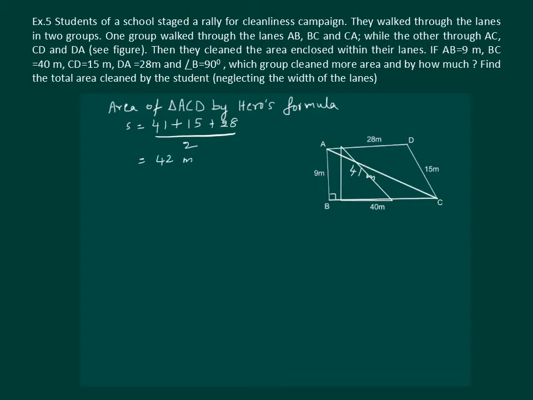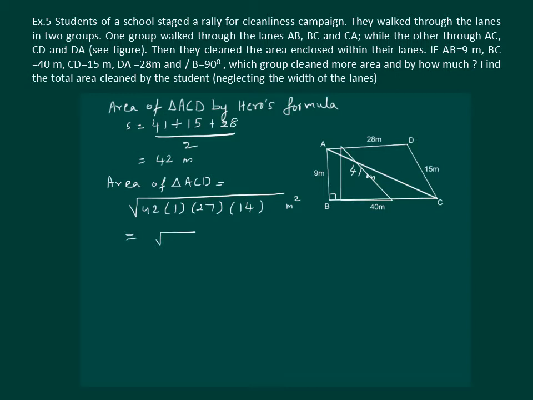Therefore, area of triangle ACD by Hero's formula is under root of S, that is 42, S minus A, 42 minus 41 is 1, S minus B, that is 42 minus 15, that will be 27, and S minus C, 42 minus 28, that is 14, and it is in meter squares.